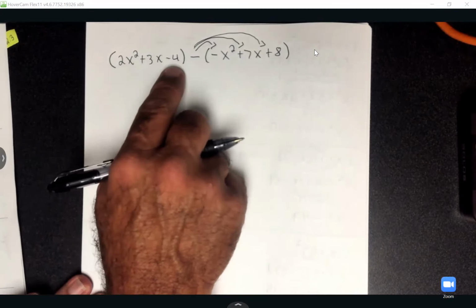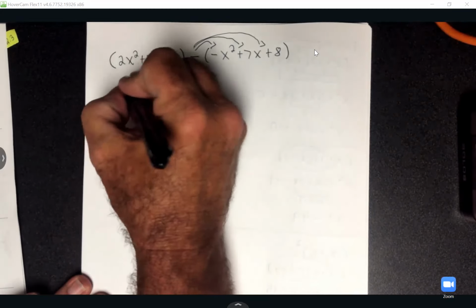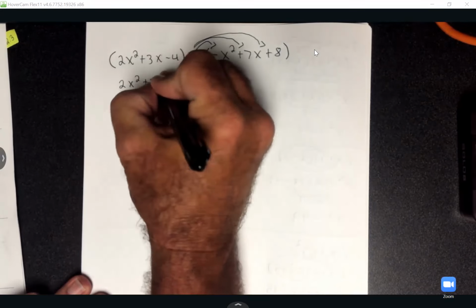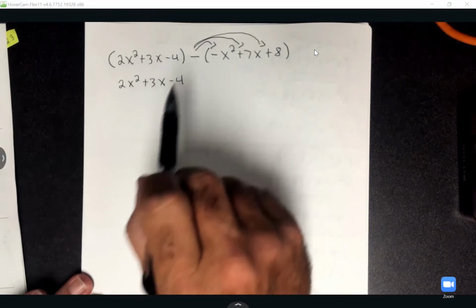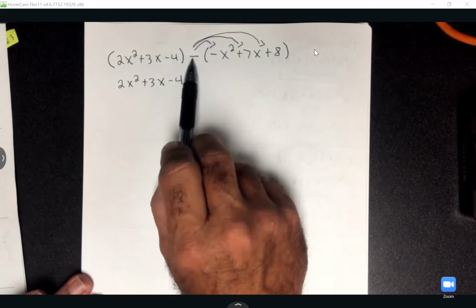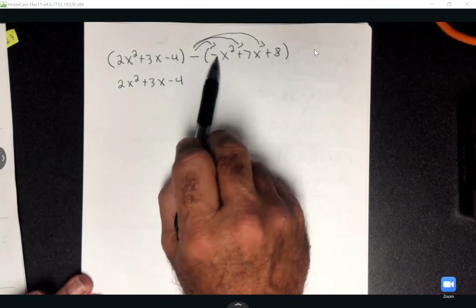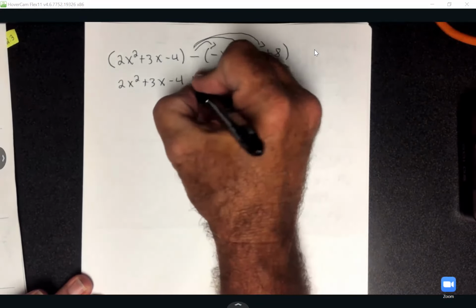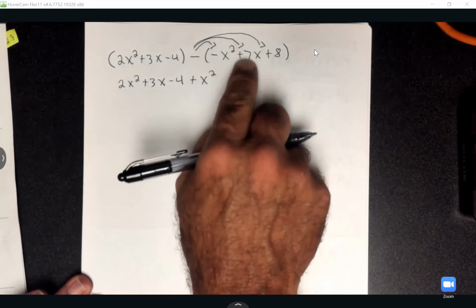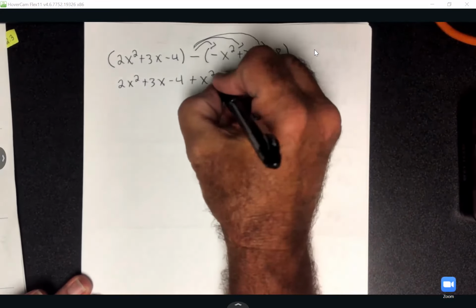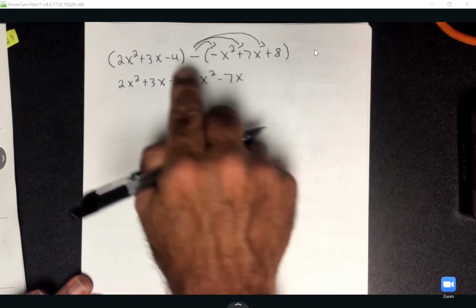So the first parentheses come out the same: 2x squared plus 3x minus 4. But y'all, what's going to happen now, I'm subtracting a negative. Well, remember, two negatives will make that a positive x squared. Distribute the subtraction to the 7x will make that a negative 7x.